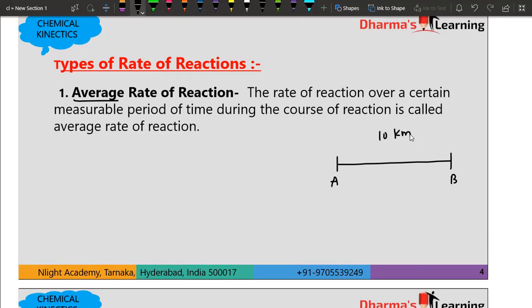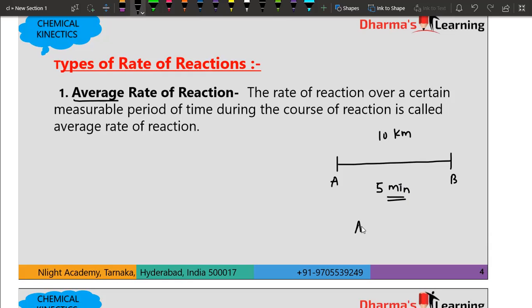If I cover this complete distance in 5 minutes, how am I going to find the average rate? The average rate can be found from how much distance I traveled, that is 10 kilometers, divided by how much time I have taken, 5 minutes.